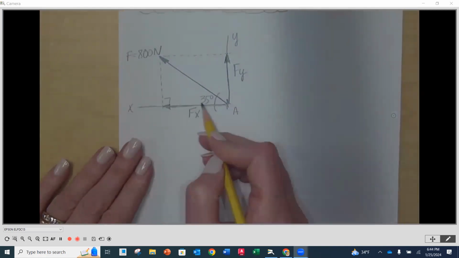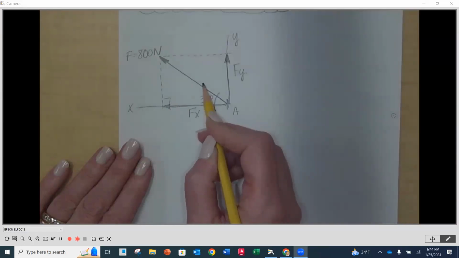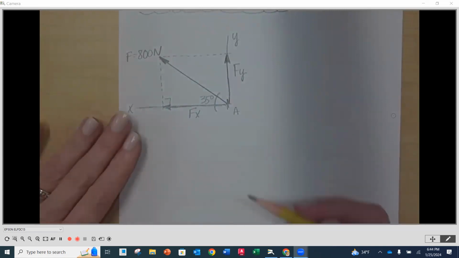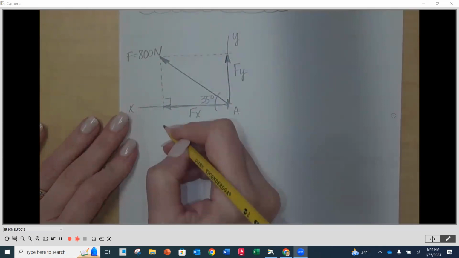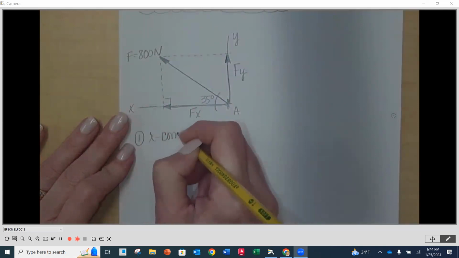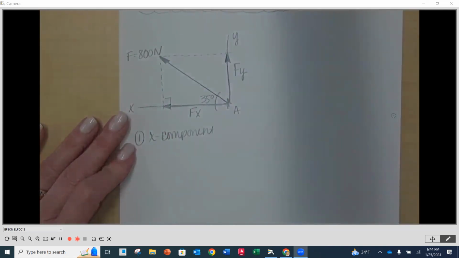Notice that our Fx is the side adjacent to the angle, and we know the hypotenuse. So if we're trying to find a side adjacent with an angle and a hypotenuse, which trig function, sine, cosine, or tangent, will help me out here? Cosine, exactly. So I can say that this will be my step number 1, X component. You don't necessarily have to identify what your step is.